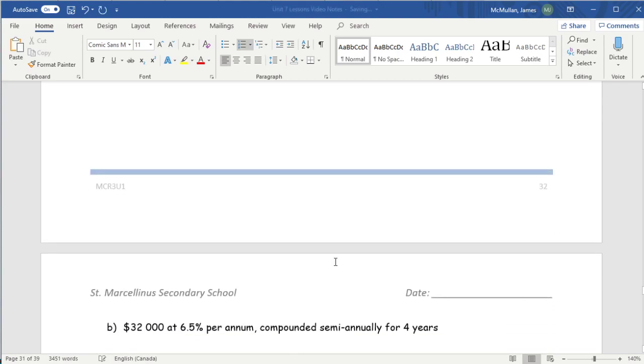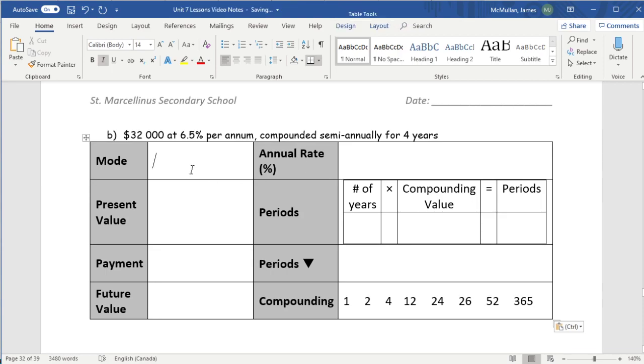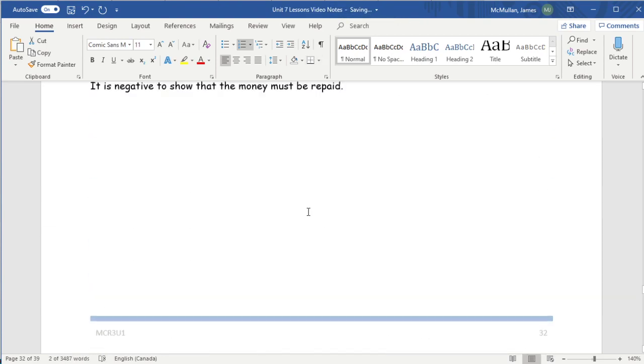Okay, let's try another one. So I borrow $32,000. So again, mode is end. Present value is $32,000 because I gained that money today. There's no payment. My future value is what I'm trying to solve. The annual rate is 6.5%. It's 4 years, but it's compounded semi-annually.